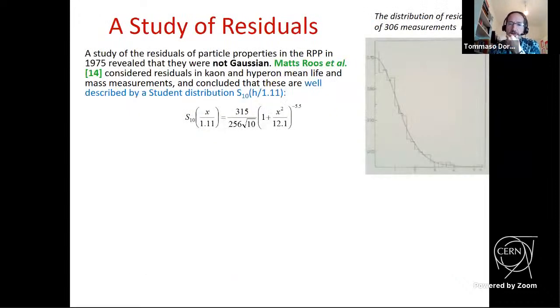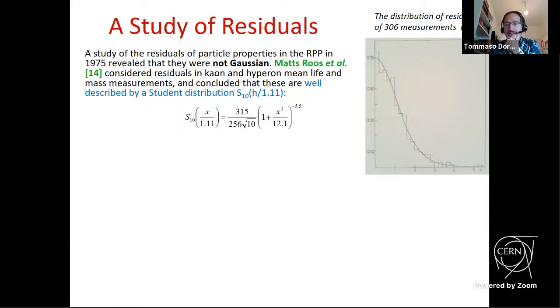So to show you that residual systematic uncertainties are typically not Gaussian, there was Mats Ross, a guy that with some others considered the residuals in particle physics measurements, hadron mean life and mass measurements, done by particle physicists using particle physics data.